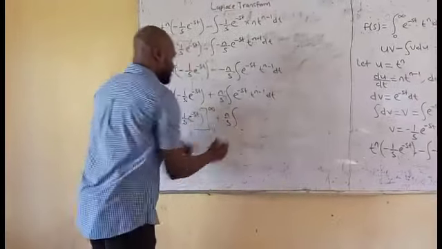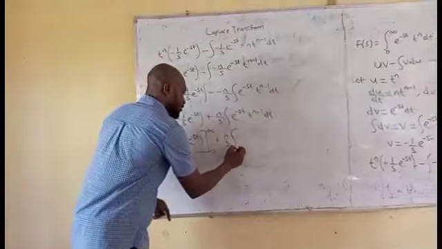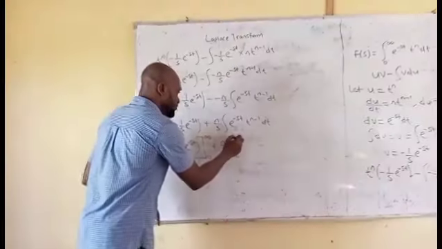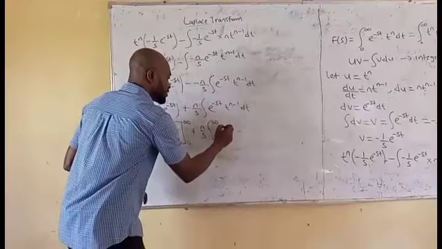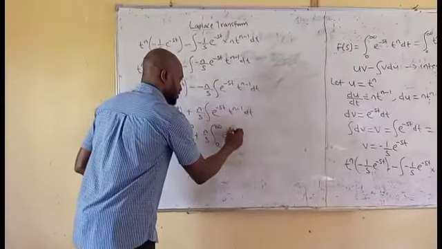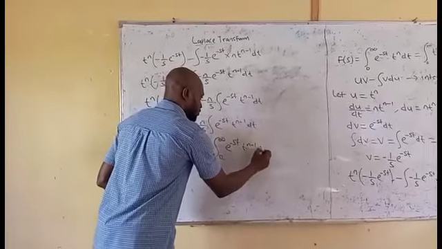S. Then this is the integration sign that I have, still 0 to what? Infinity. 0 to infinity. Then I multiply it by this integral of exponential minus st times t raised to the power of n minus what? 1 times what? dt.